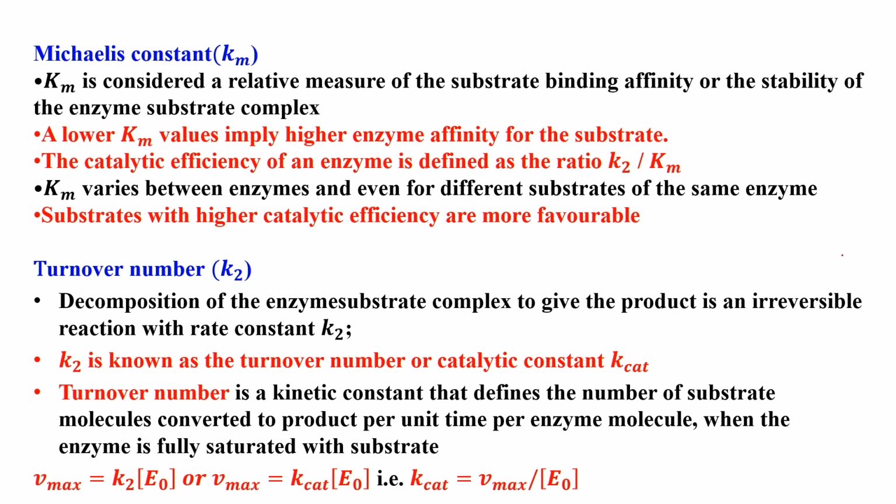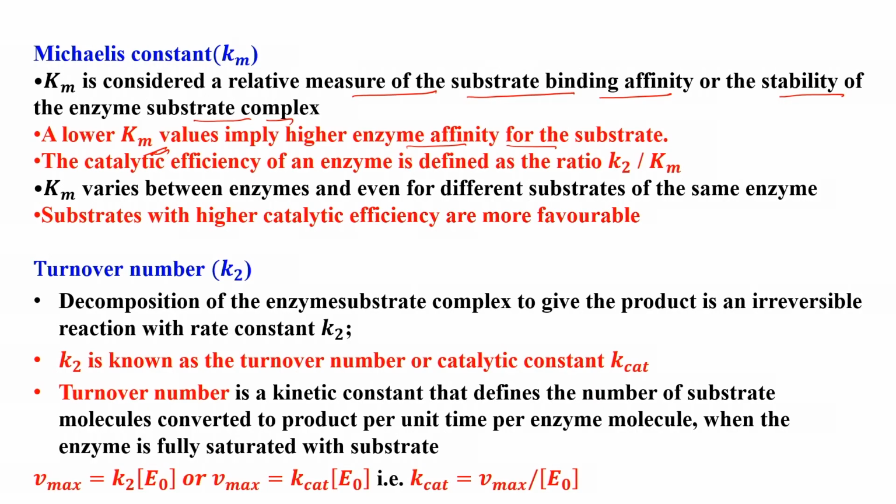Now, we can further discuss what is the Michaelis Menten constant. As we derived, it is related with the substrate. So, it is considered as a relative measure of substrate binding affinity or the stability of enzyme substrate complex. If you have a lower value of Km, it implies higher enzyme affinity to the substrate.